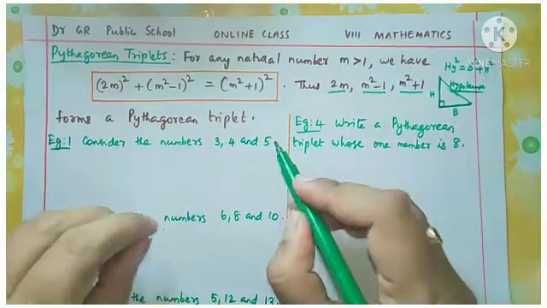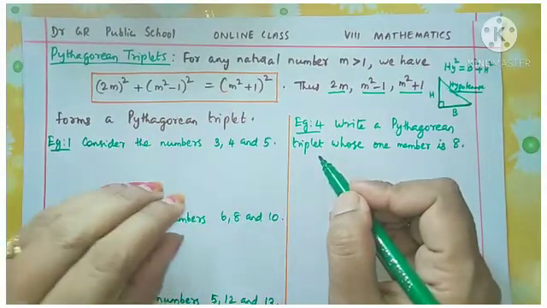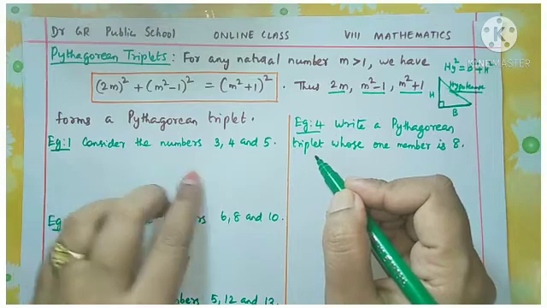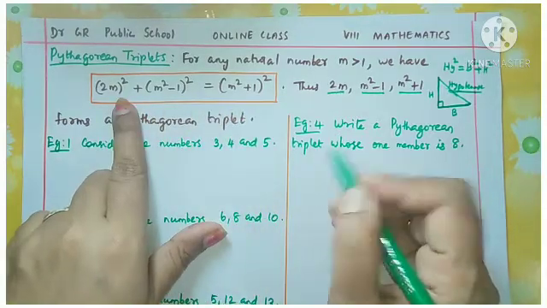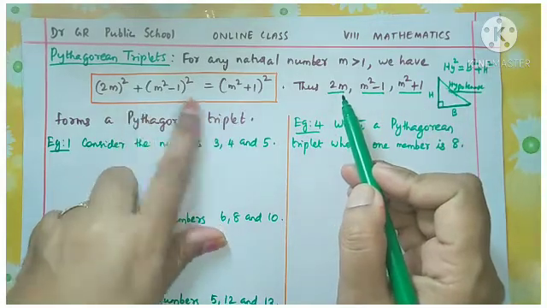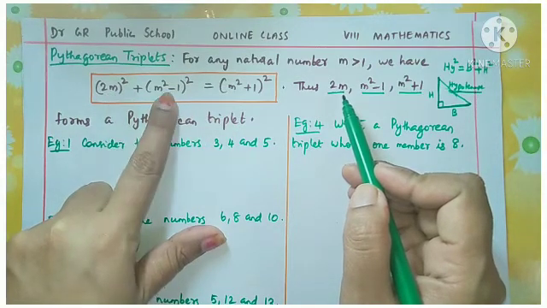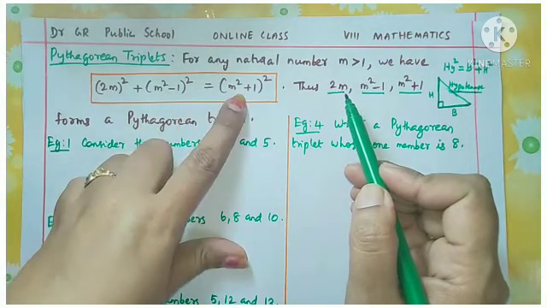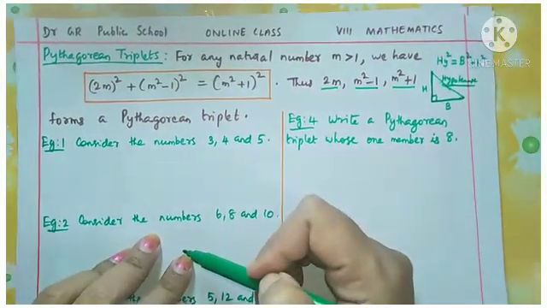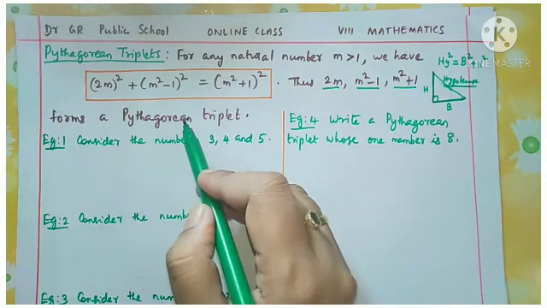Whenever there are three numbers that satisfy this property, those three numbers are called a Pythagorean triplet. So this is the generalized form. The first member is 2m, the second member m square minus 1, the third member m square plus 1. Using these three members only we are going to solve the problem.